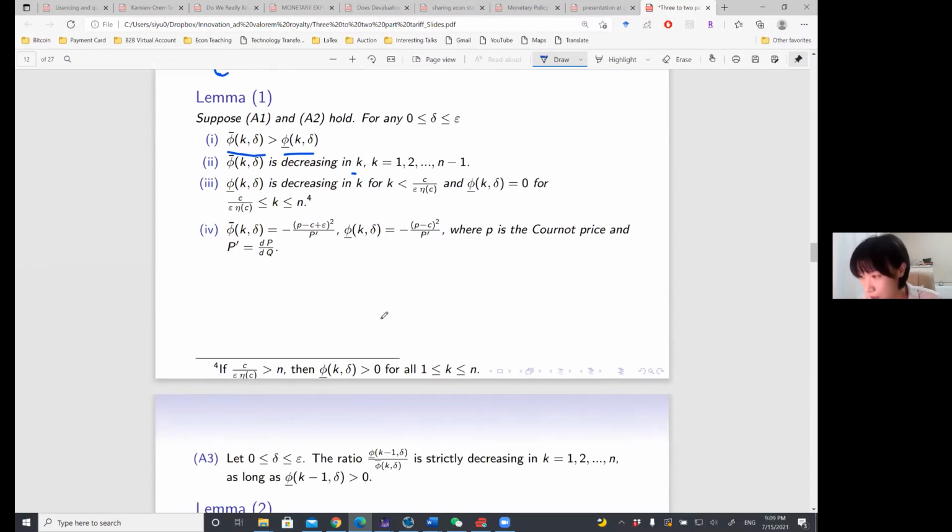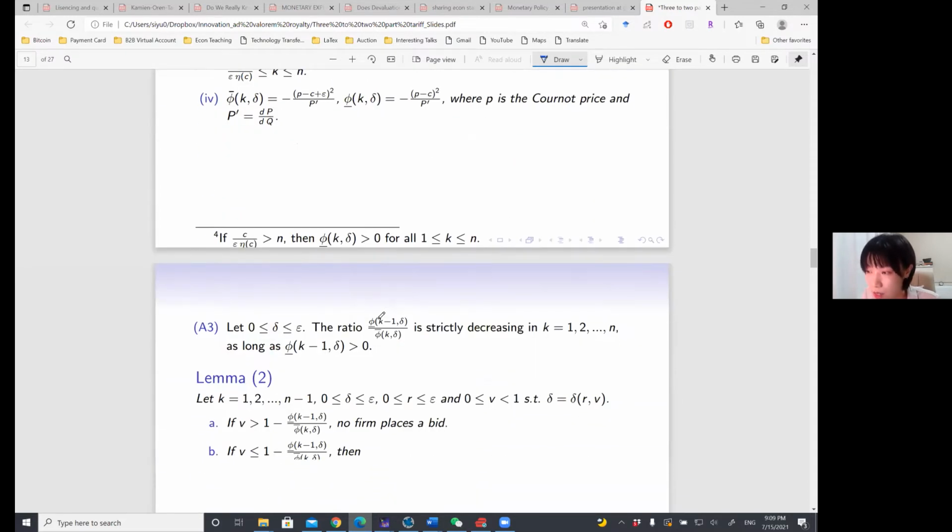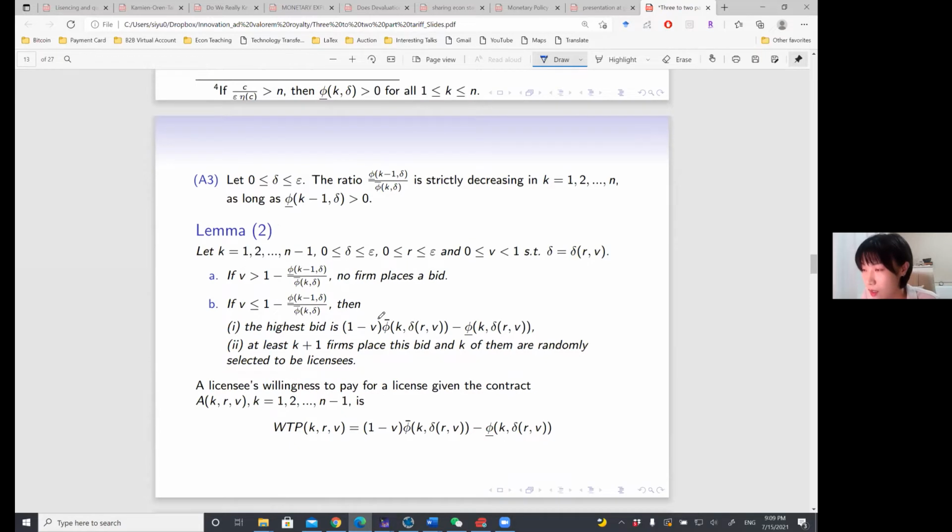Using the result, we can apply it to the third stage of the game. And here, we want to make another assumption, A3. The ratio here is strictly decreasing in K. Roughly speaking, it says the willingness to pay for licenses is decreasing in K. It makes sense, right?